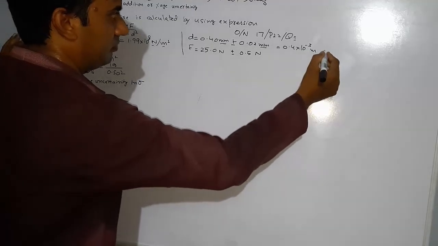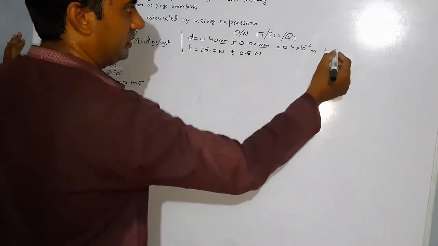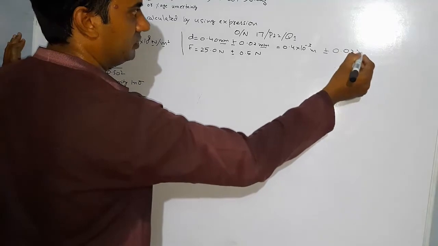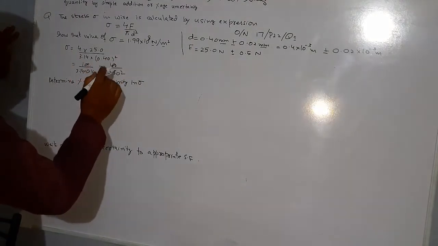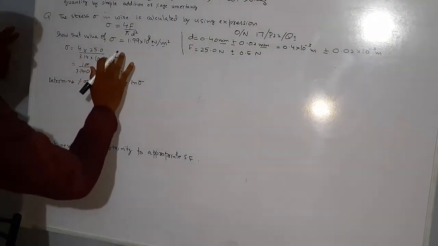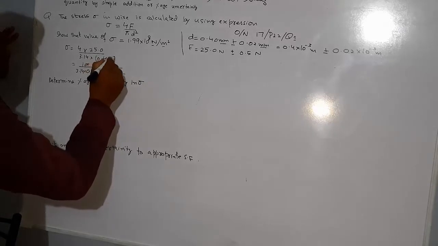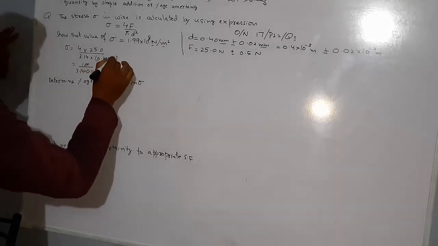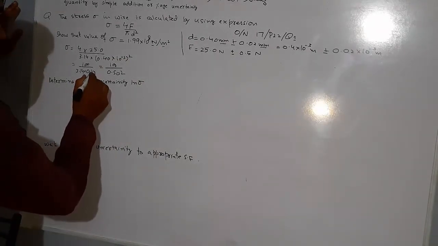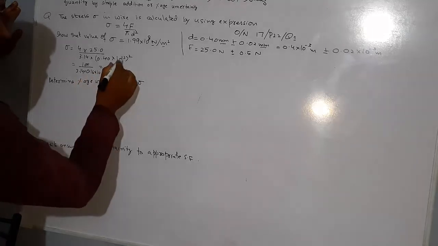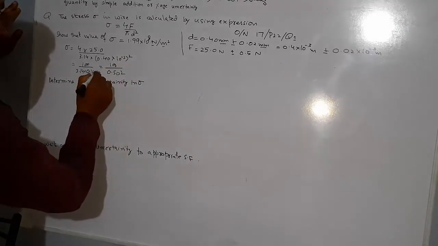So 0.4 multiplied by 10 power minus 3, squared: 0.4 square is 0.16, and 10 power minus 3 squared is 10 power minus 6.